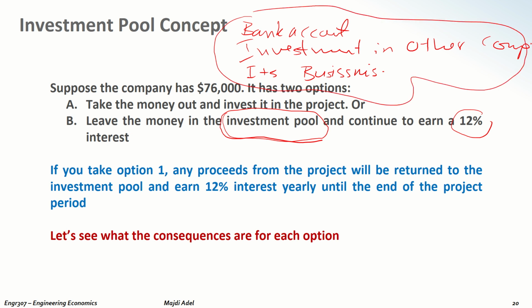الآن the company has two options, whether to put the 76,000 in the project، يا أنا بتحطها 76,000 في المشروع، or it can put it ايش؟ in the investment pool. يا انها تحطها وين؟ في هالانفستمنت بول، والانفستمنت بول حتعطيها 12%. تمام؟ If you take option 1, the proceeds from the project will be returned to the investment pool. إذا الشركة اختارت انها تحط فلوسها في البروجكت، أي فلوس بيولدها هالبروجكت راح يرجعها وين؟ على هالانفستمنت بول.